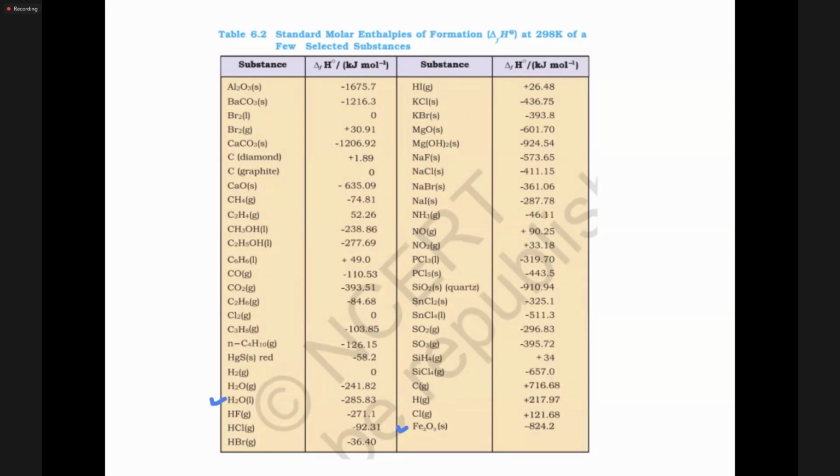Iron is in a solid state and dihydrogen is in its gaseous state. So these two are in their standard states, and as per the convention of the standard molar enthalpy of formation, these two values will be equal to 0.